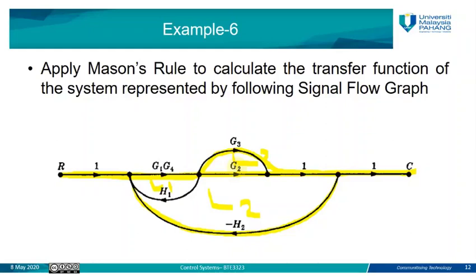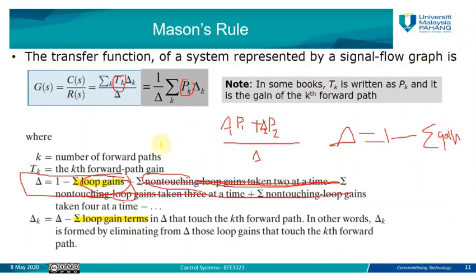Since it touches all the loops, the value of delta 2 will also equal 1, because all the loops which touch the forward path are omitted from the value of delta. So only the value of 1 stays.